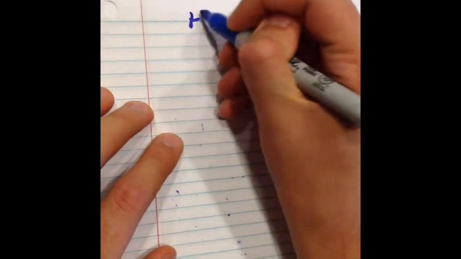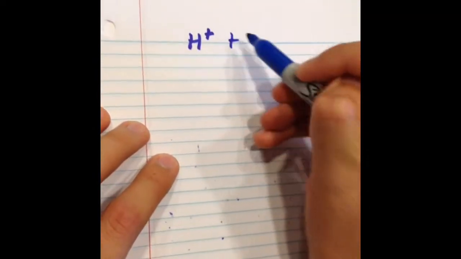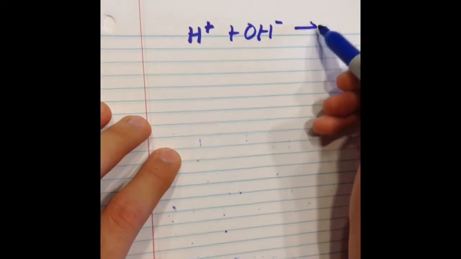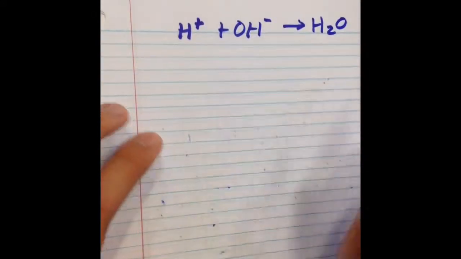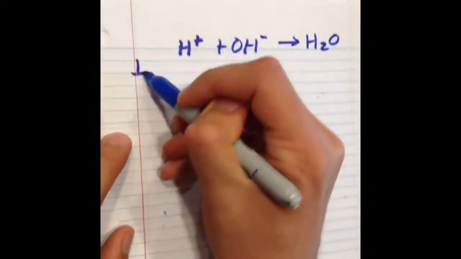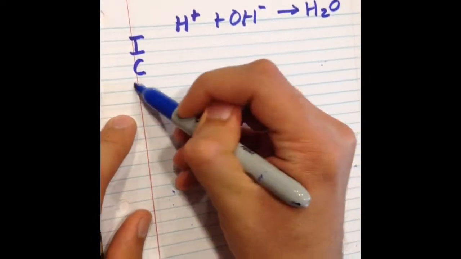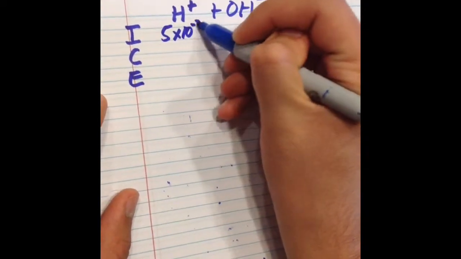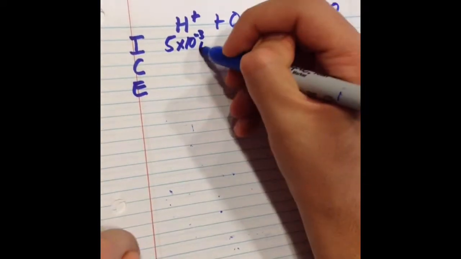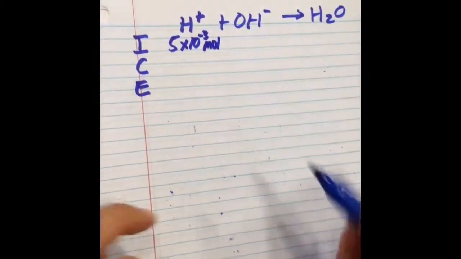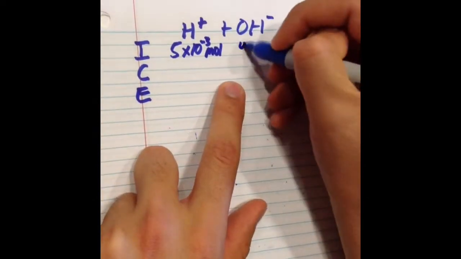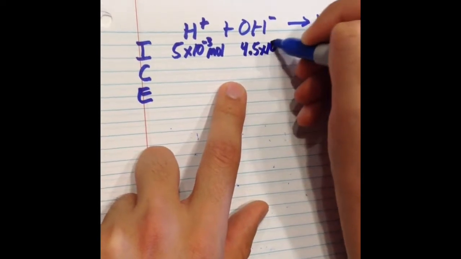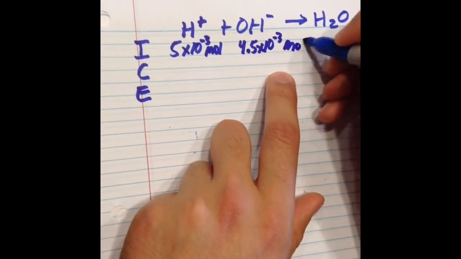So we're going to create an ICE table. The reaction is H+ plus OH- creates water. We have I, which is initial, then change, then end. We started with 5 times 10 to the negative 3 mole H+, and 4.5 times 10 to the negative 3 moles of OH-.